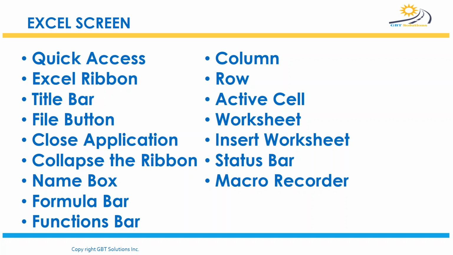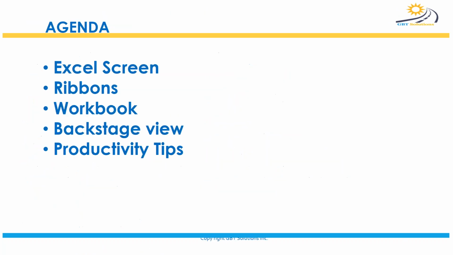We have the name box, which displays the name of the active cell, and then we have the formula bar and the function bar, which displays the formula and the function. And we have the columns and the rows, definitely. In the bottom, we'll have the insert worksheet, which is the plus sign, and the status bar and the macro recording at the bottom of the screen.